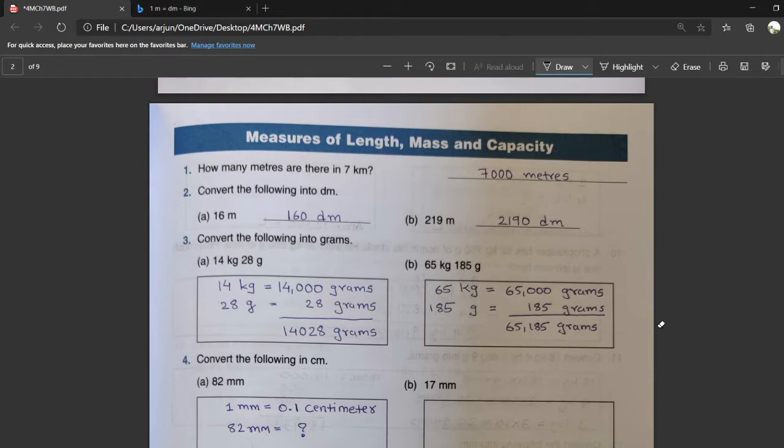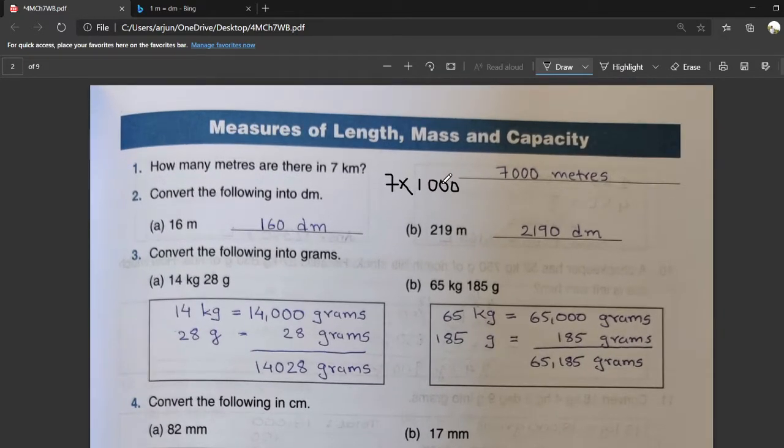So for converting 7 kilometers into meters, we simply multiply 7 into 1000, which is equal to 7000 meters.